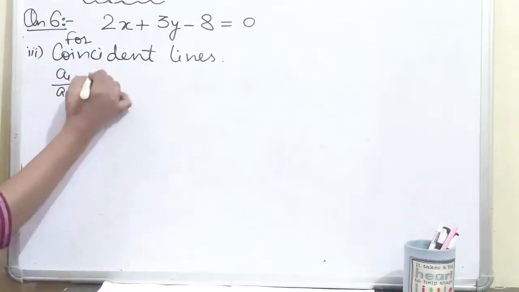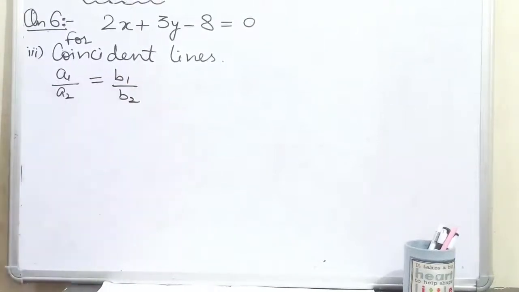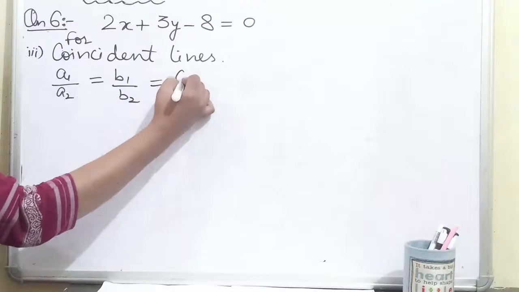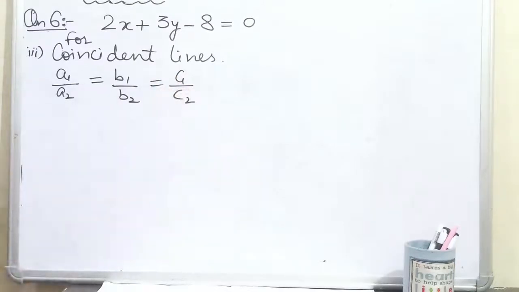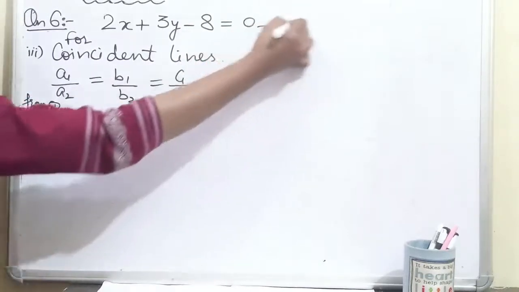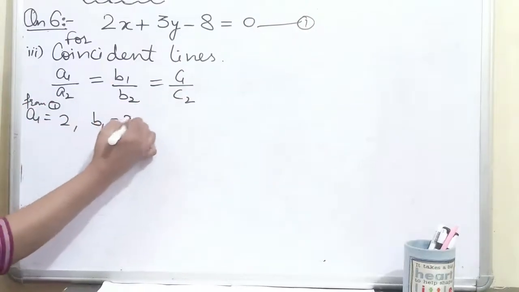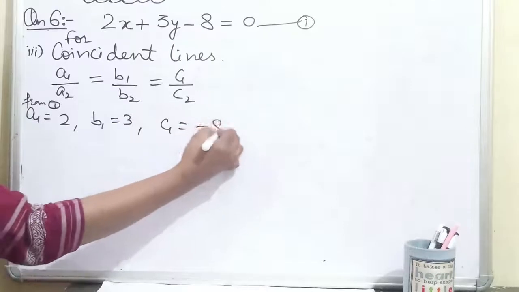A1 by A2 equal to B1 by B2 equal to C1 by C2. All three ratios should be equal, and from equation 1, A1 is 2, B1 is 3 and C1 is -8.